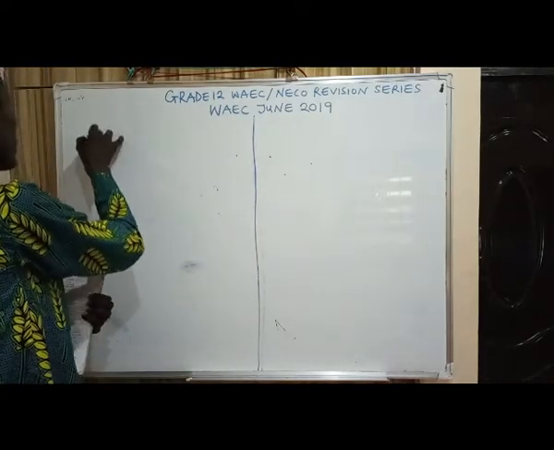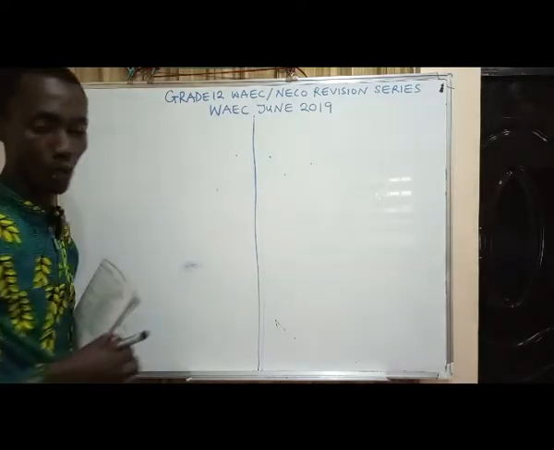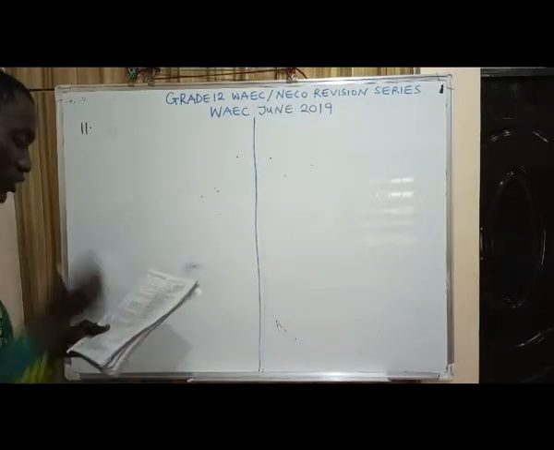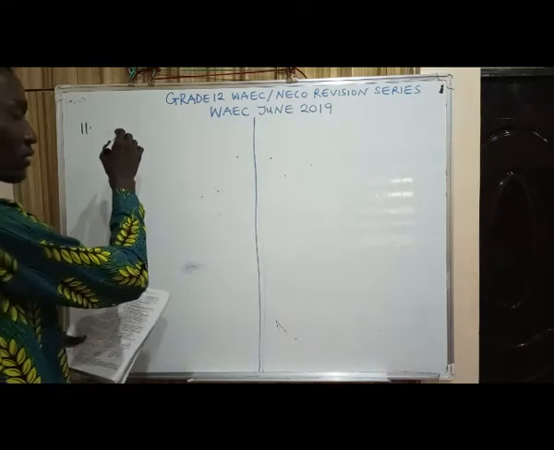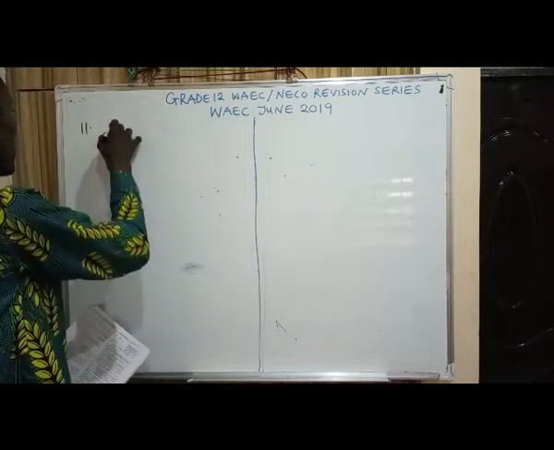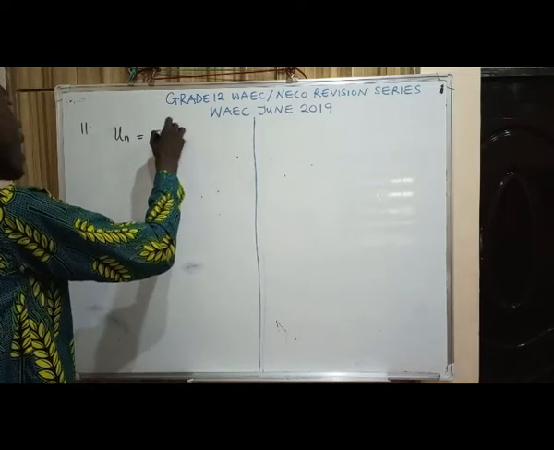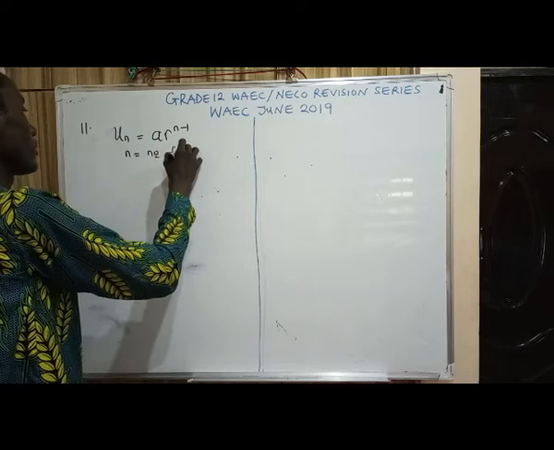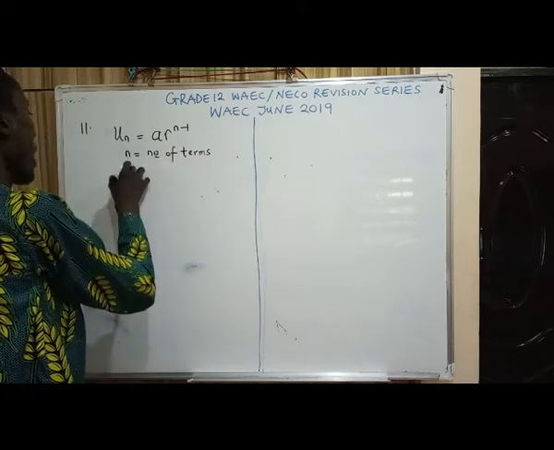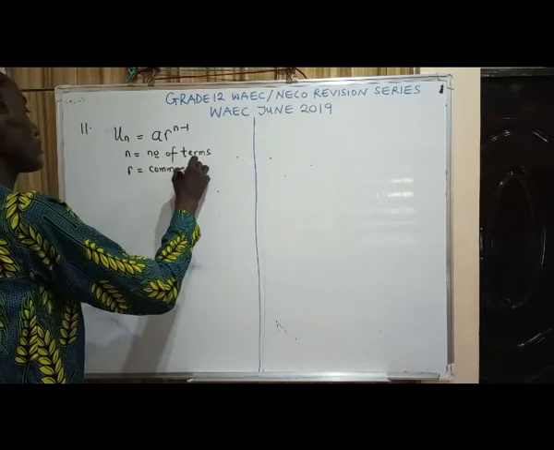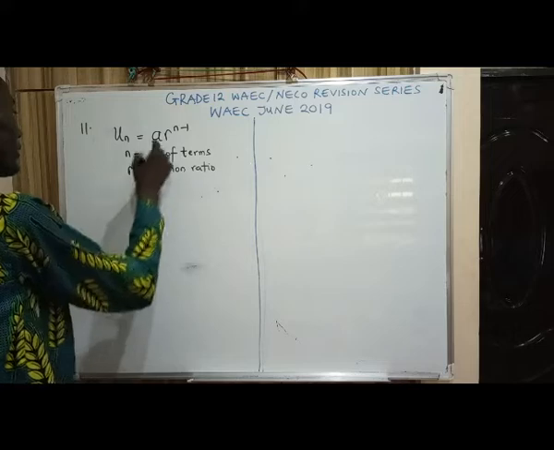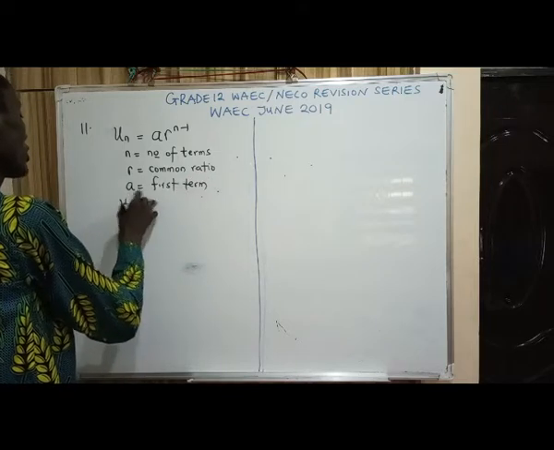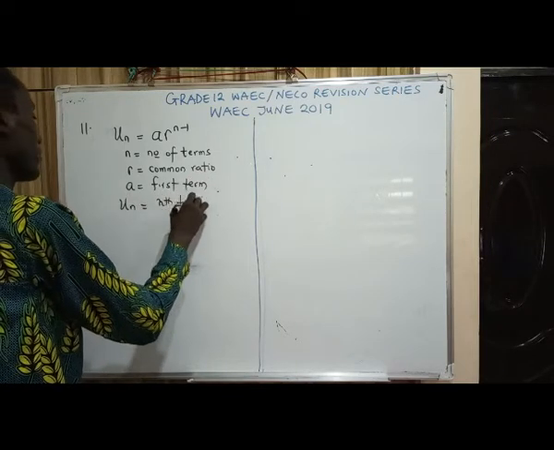I want to start by saying that when you're giving questions in an examination setup, when we're handling something concerning GP, the understanding of our concept of geometric progression is that the nth term of a GP is given as AR raised to the power of n minus 1, where n is the number of terms, R is the common ratio, and A is regarded as the first term, and Un the description of the nth term.